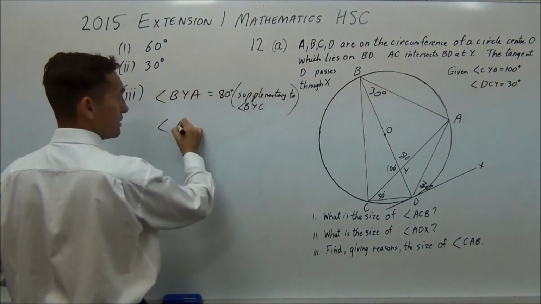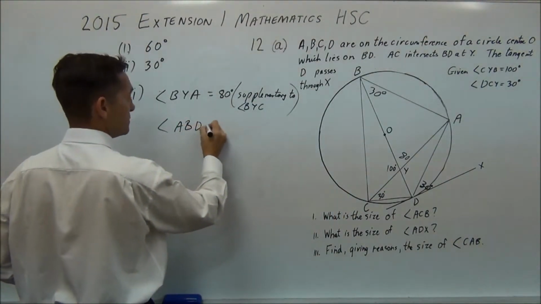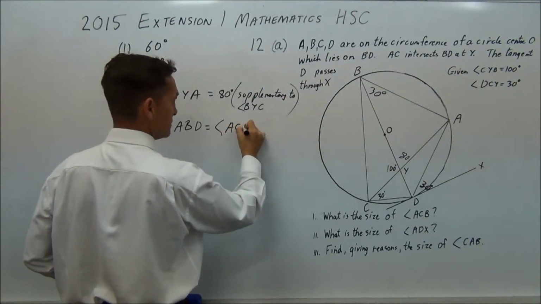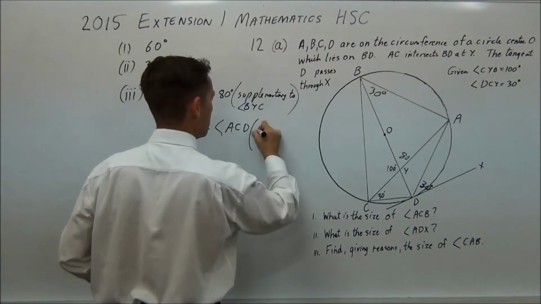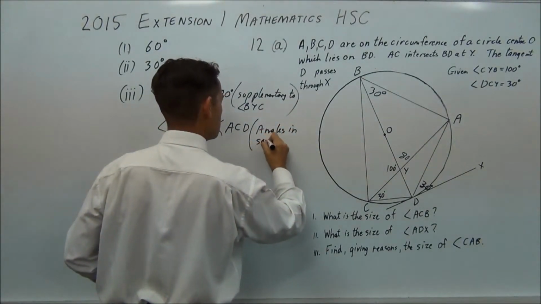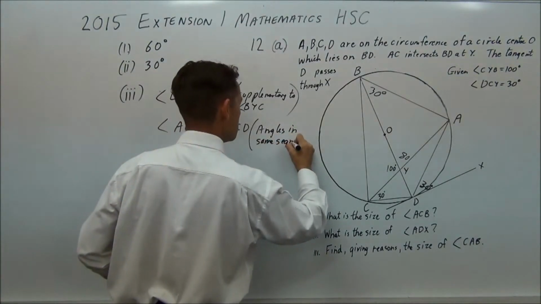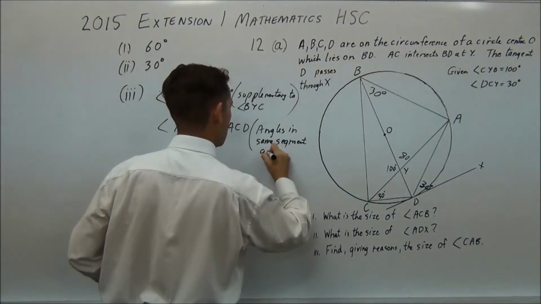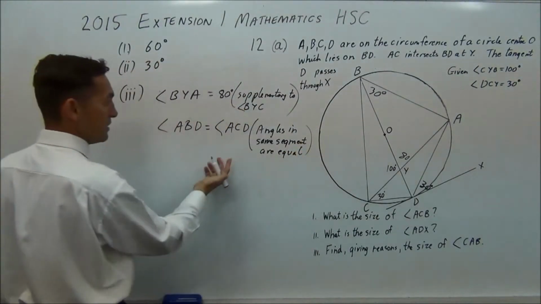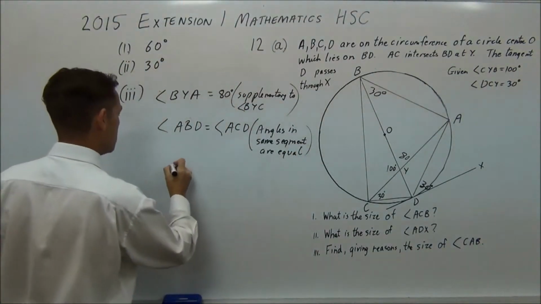Angle ABD equals angle ACD, and you've got angles in same segment are equal. And then you've got your last one, which is angles in a triangle.